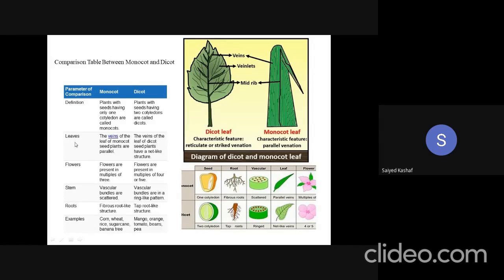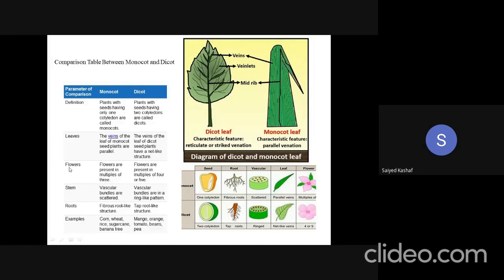Now the second difference is in the leaves. The veins of the leaf of a monocot plant are parallel, and you can see the parallel venation in the monocot plant, and the veins of the leaf of a dicot plant have a net-like structure. This net-like structure of venation is present in dicot leaves.